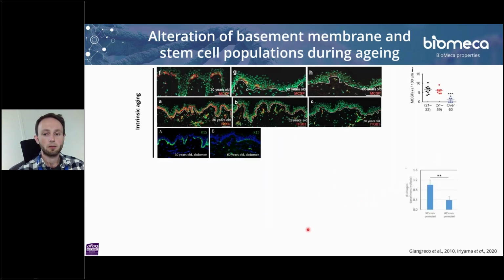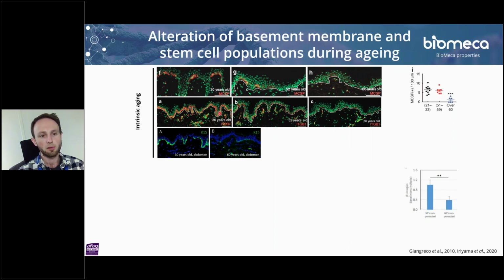Indeed, some studies have demonstrated that the expression of both MCSP in red, integrin beta 1 in red, and keratin 15 proteins was reduced during aging, as you can see here on these images and on the graph on the side, where during aging we have a reduction of the expression of these markers at the level of the dermal papillae.